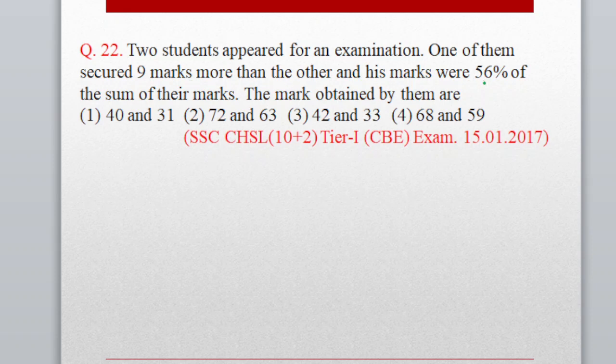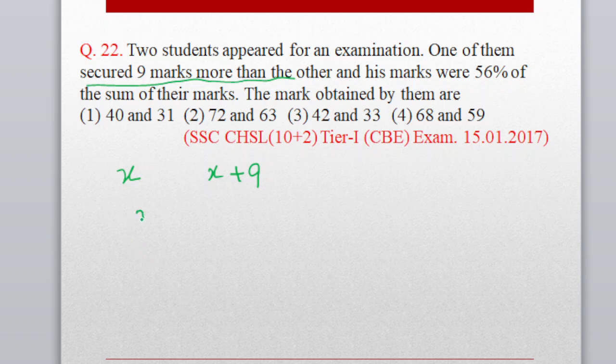His marks were 56% of the sum of the marks obtained by them. Suppose one student is getting X. This is one student, another student is getting X plus 9. Now the student who is getting 9 marks more than the other, his marks were 56% of the sum of their marks.